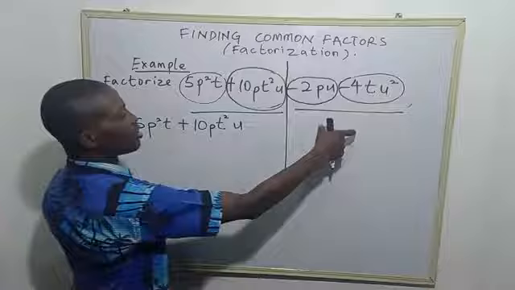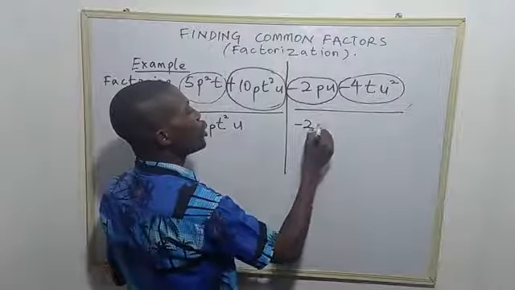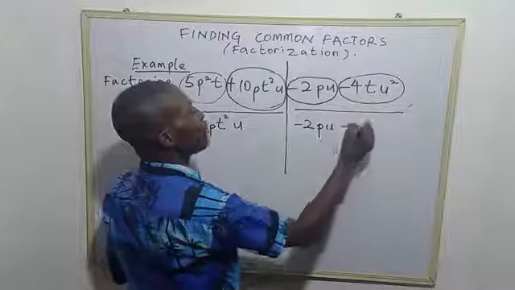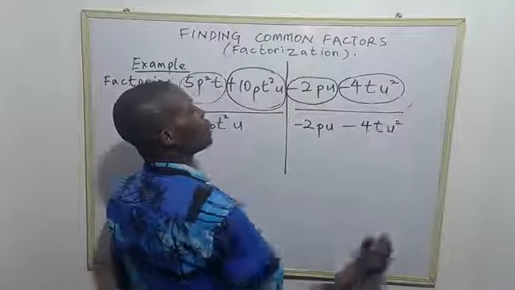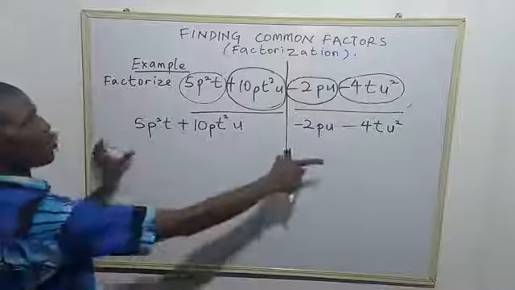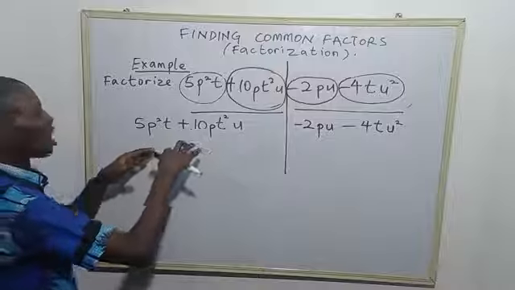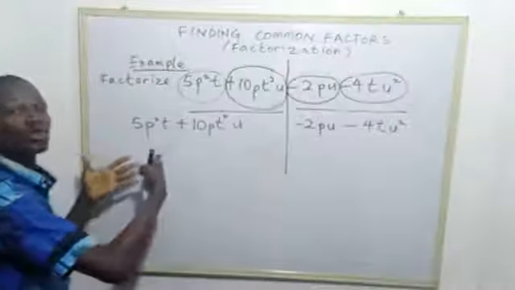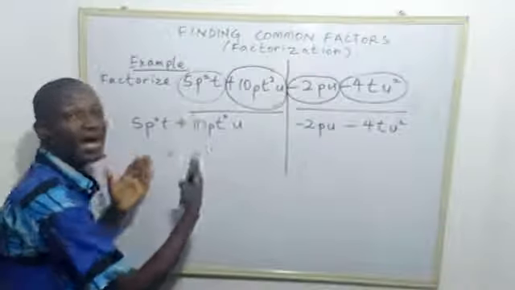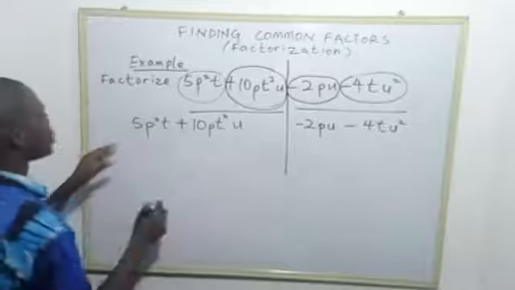And let's do the same thing for the other side: minus 2pu minus 4tu squared. So with what we have done, the next thing for us to do is to expand. I've told you the reason for our expansion, so that it will be easier for us to identify what is common to the two terms. Okay, so let's go on.